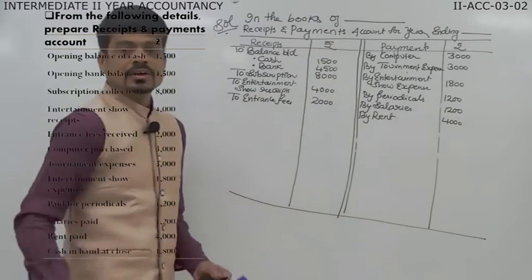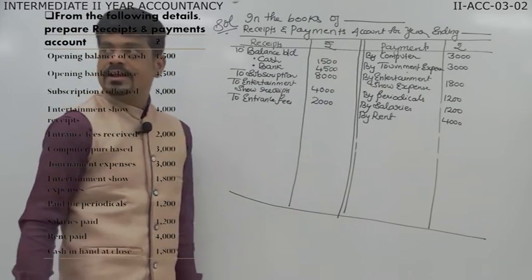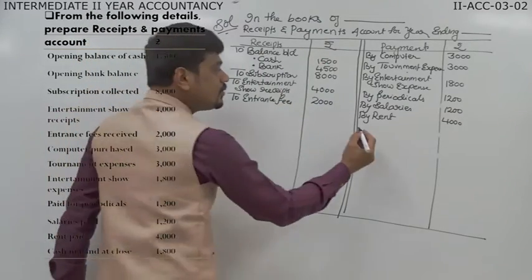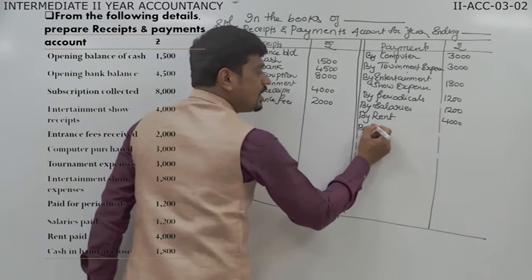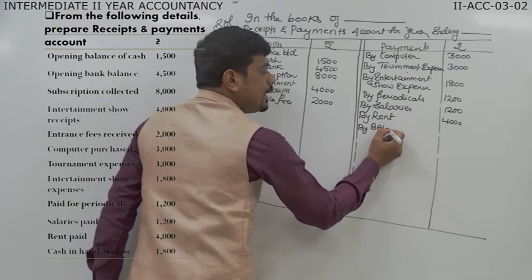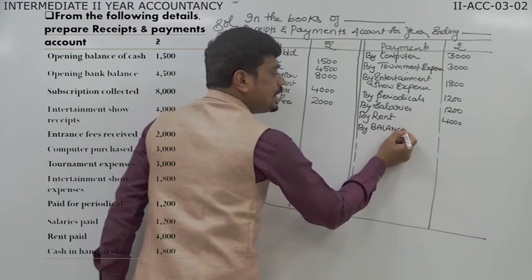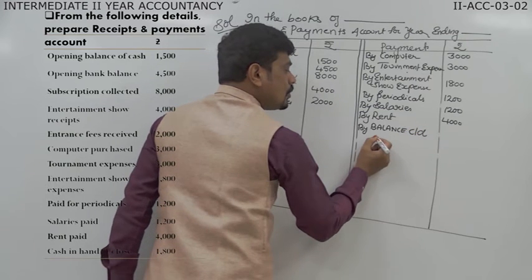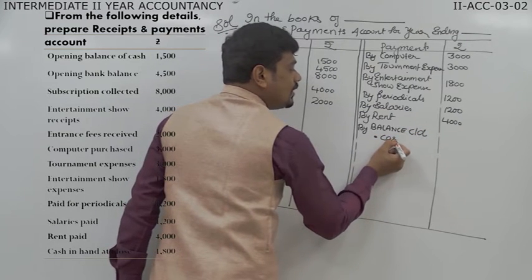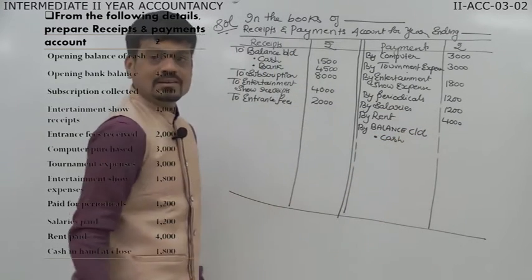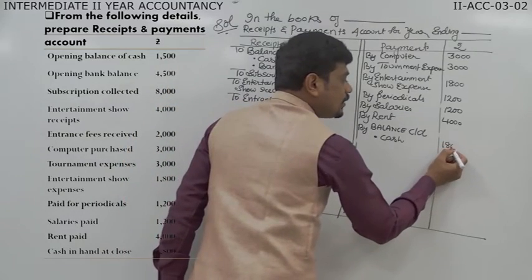Then he gave the balance of cash in hand at close. This balance of cash comes as a payment on the credit side, neatly by balance carried down. We'll put one dot and write cash. This is the given balance, 1800.